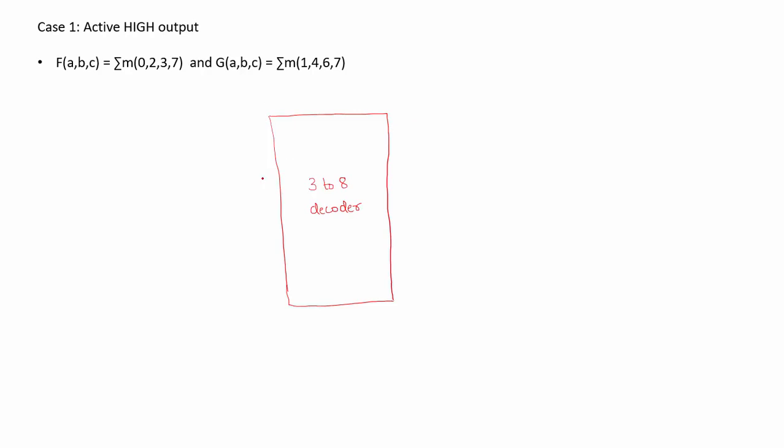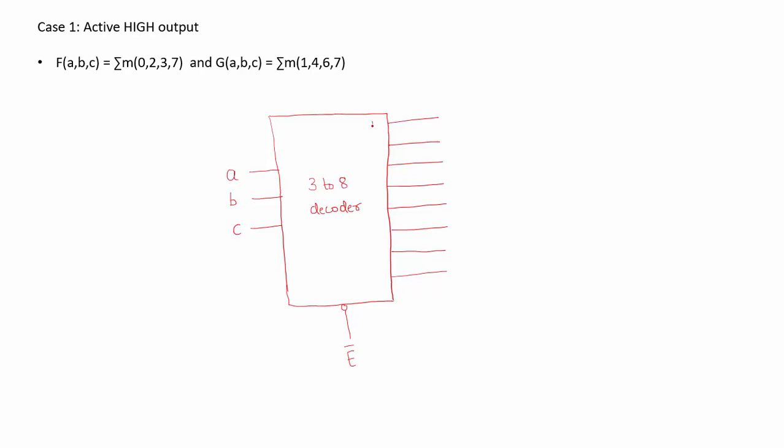And 3 to 8 decoder will have 3 input lines A, B, C, 1 active low enable input, E bar, and 8 output lines. So in a decoder we know that each of the output line will correspond to a minterm.